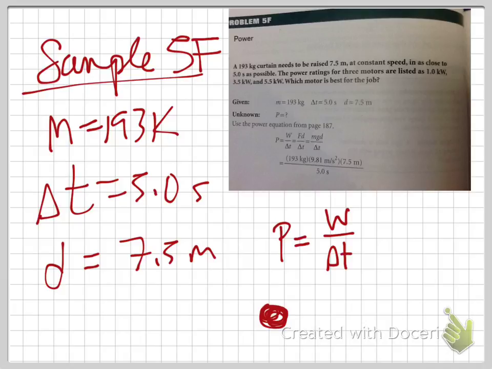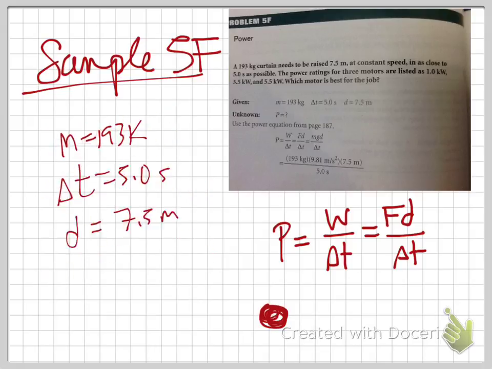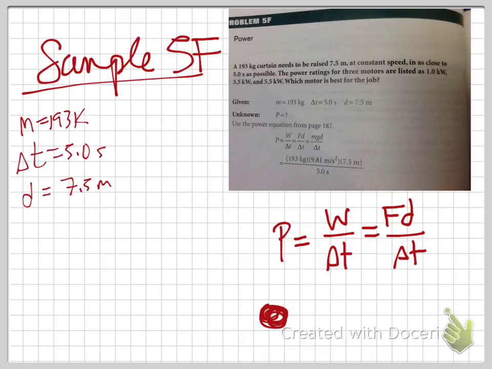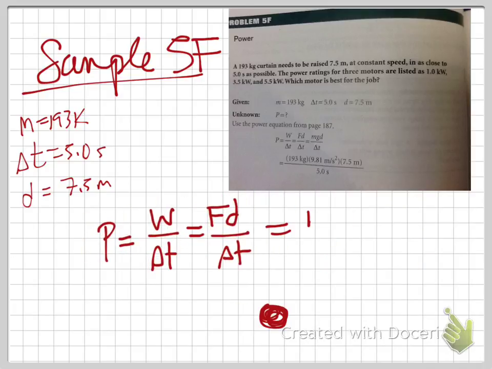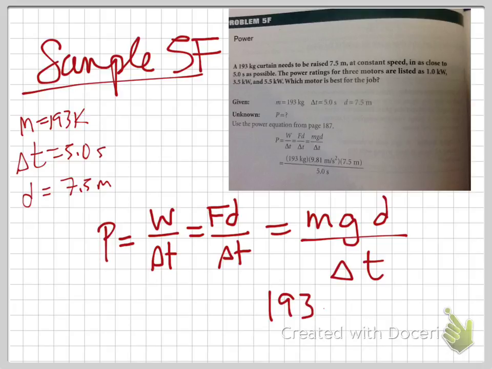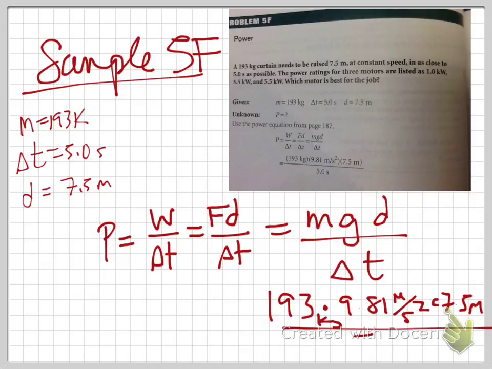Power equals work over delta T, which is equal to force times distance over delta T. And the force that we need, we know, is mass times gravity, times the distance, all over delta T. So given that, we can plug in our 193 kilograms times 9.81 meters per second squared, times 7.5 meters, all divided by 5 seconds.